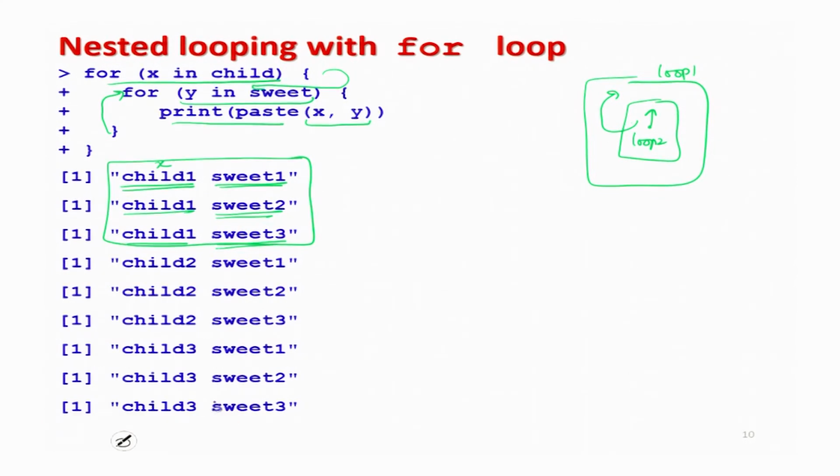Once this is done, the control will come to the for loop for child and pick up the second value, child 2.